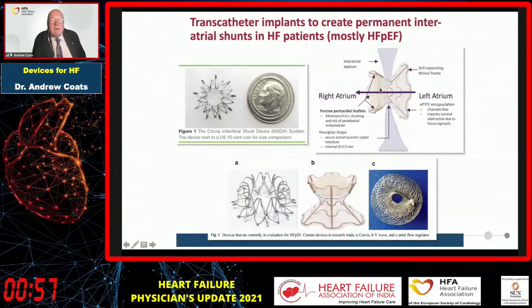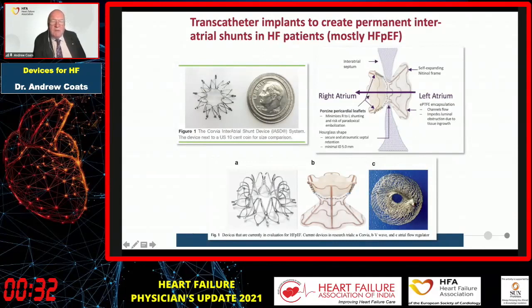Lastly, another very exciting field is an implant of devices that are designed to be placed in the atrial septum, which will allow left atrial to right atrial decompression, which can be useful for both HFrEF and HFpEF, because they're both associated with increased left atrial pressures that can lead to pulmonary edema and other worsening of congestion.